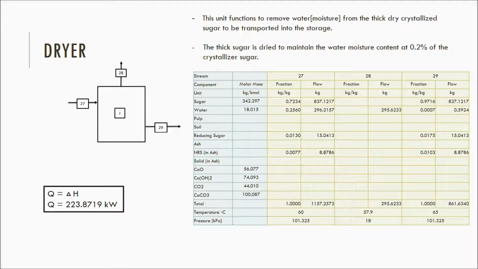Water evaporates at the rate of 295.6233 kg per hour at the temperature of 57.9 degrees Celsius at the pressure of 18 kPa. The outlet of the dryer is 861.6340 kg per hour at the temperature of 65 degrees Celsius at the pressure of 101.325 kPa. The energy produced from the dryer is 223.8719 kW.